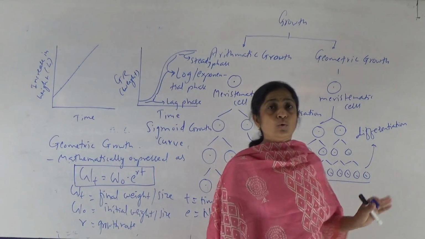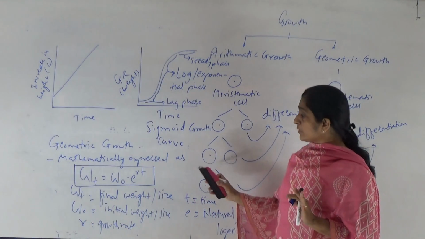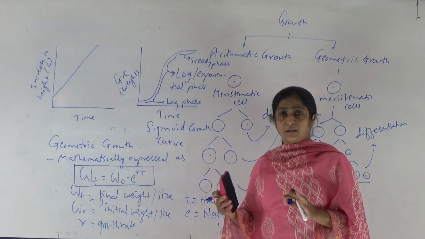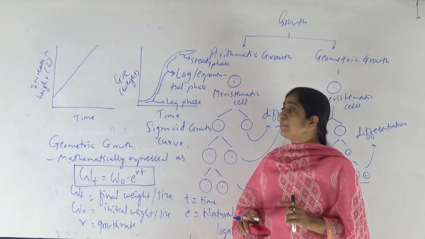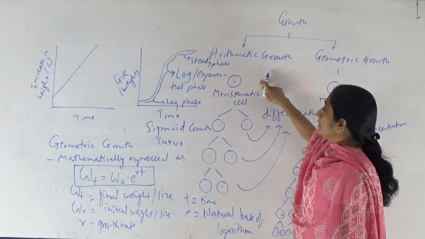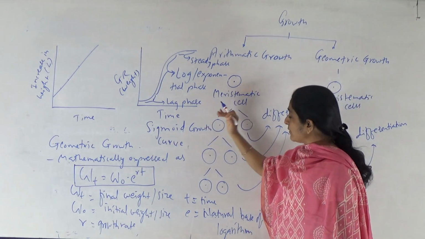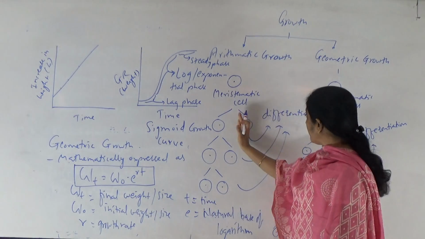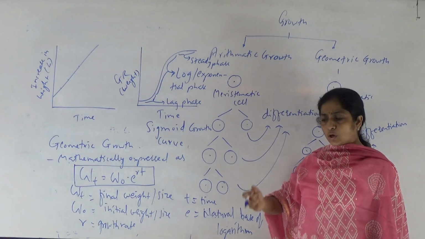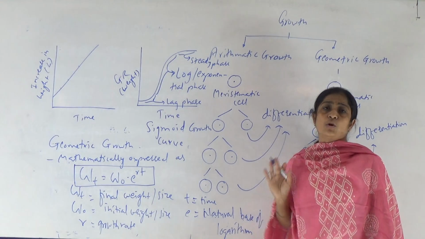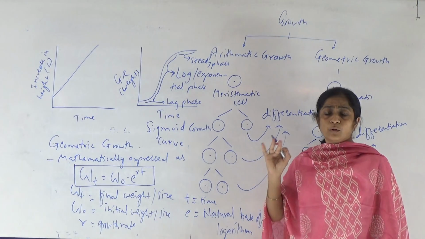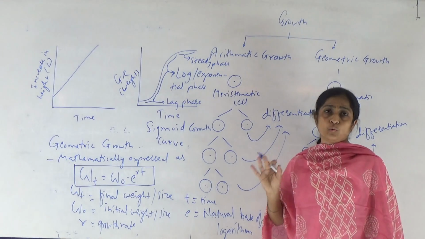So these are two types of growth on the basis of the nature of cell division and the fate of daughter cells formed after the division, right? Arithmetic growth, where 50% cells will continue the cell division and 50% cells will go for differentiation. So continuous increase or continuous growth is observed. Example, growth in growing roots.